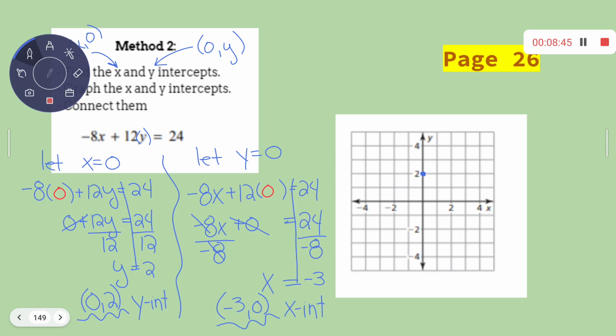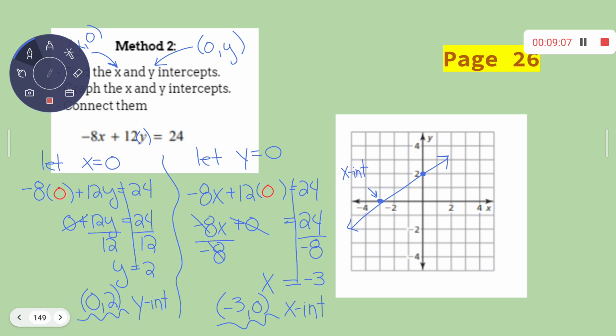So let's plot that point. Start at the origin, go negative 3 to the left, and don't climb at all. That point is right on the x-axis. And now, draw a line, put arrows at the end, and let's label. That is my x-intercept.